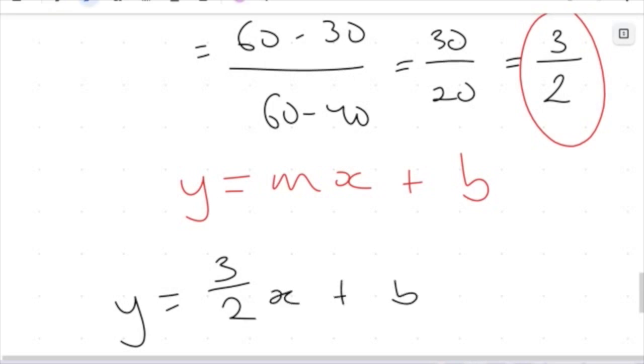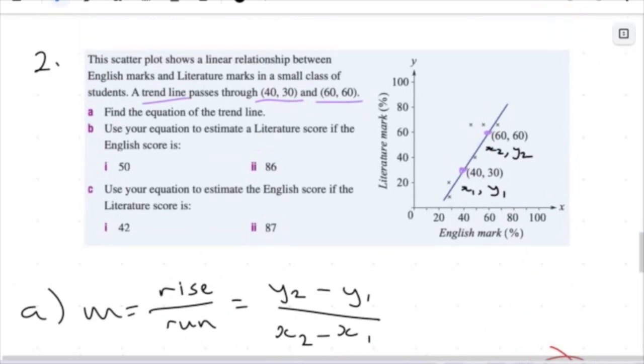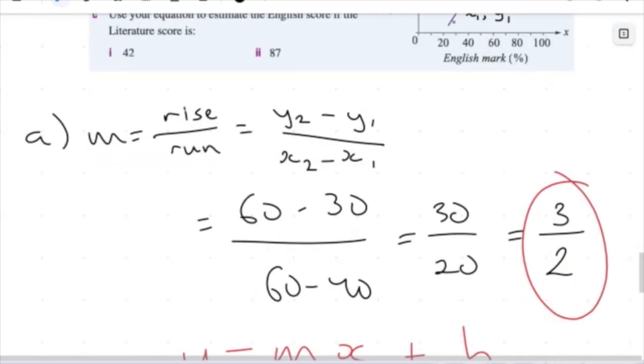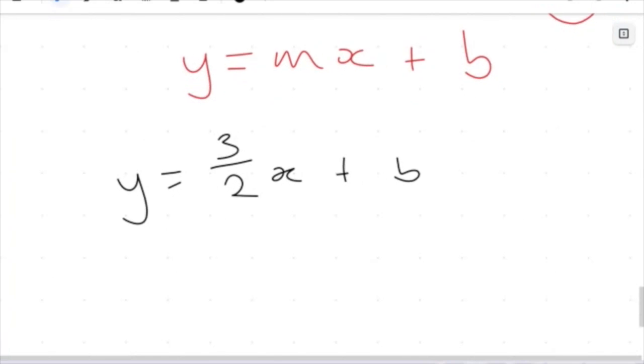Now, the missing thing is this b that we want to find, but we can use either of the two points we're given and substitute it in to find the intercept. We've done this a lot in linear relationships, so we're just revising that. So I'm going to choose the point (40, 30). So when x equals 40, y equals 30.